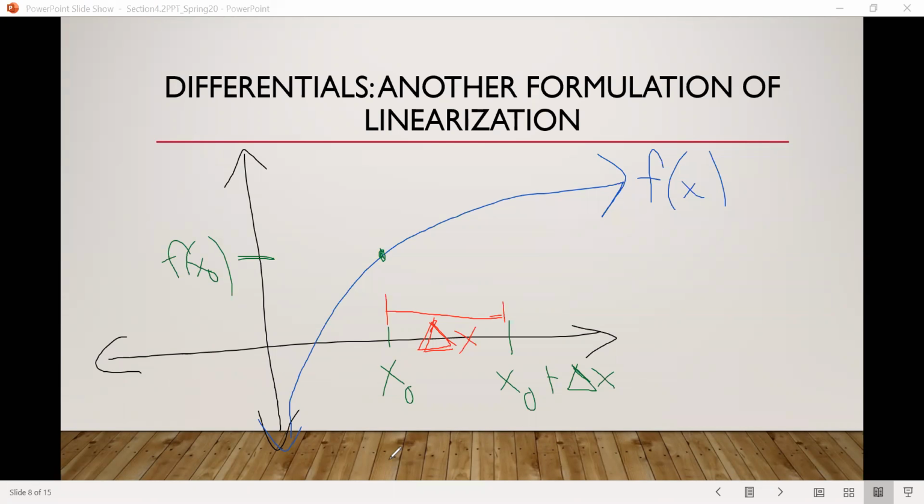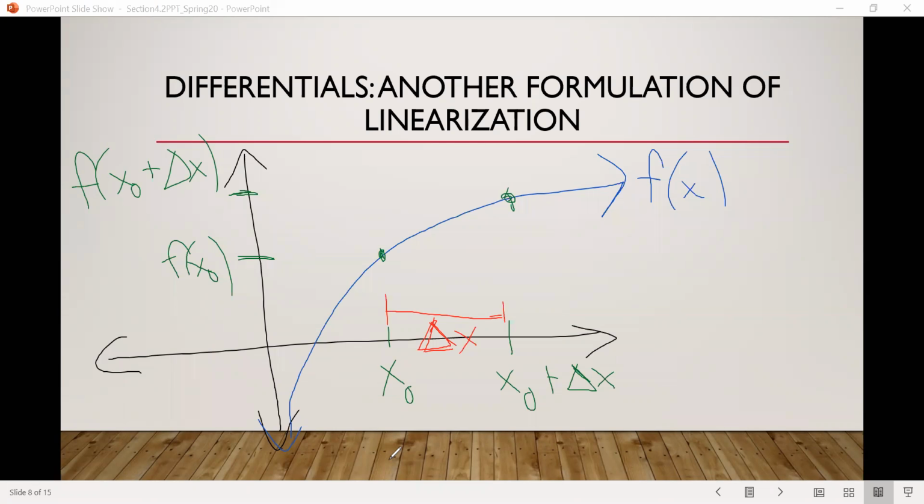Okay. And the output value for x sub naught plus delta x is going to be up here somewhere. And so that would be a value here, and we'll call that f of x sub naught plus delta x, right? Because for each of these points, we find the outputs by just taking the input value and plugging it into the function.